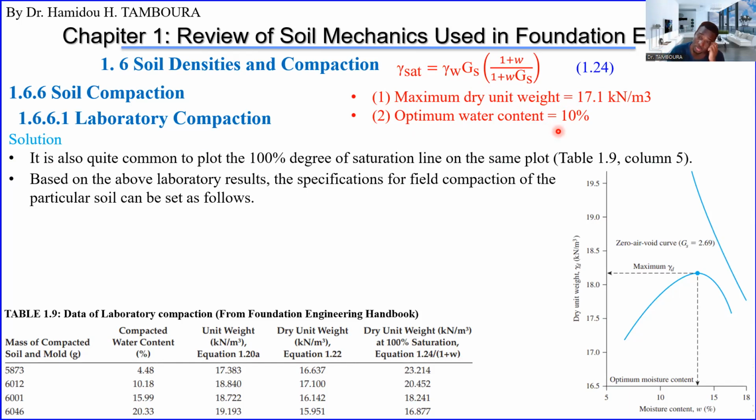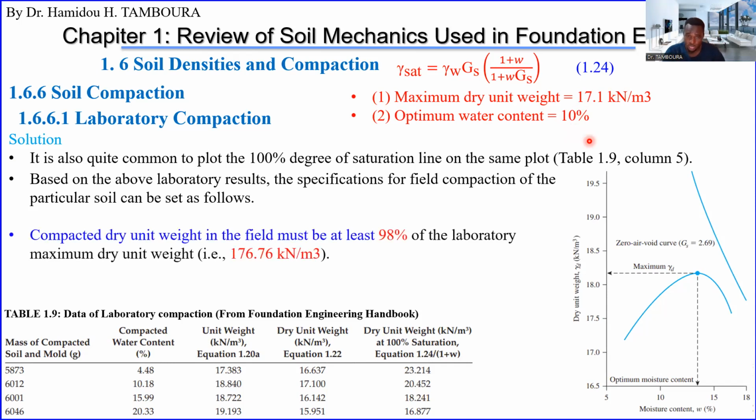Normally, the ideal thing to do is to obtain exactly the same values in the field: you do the compaction in the field and obtain exactly the same maximum dry unit weight and optimum water content. But it's difficult to obtain exactly the same value.